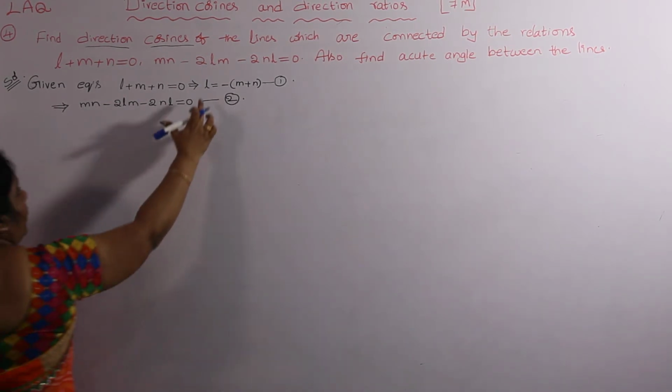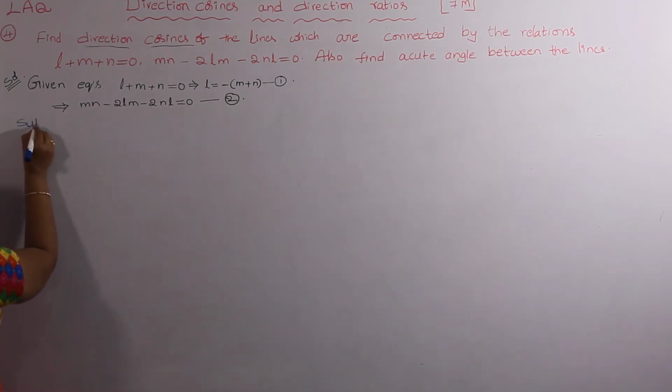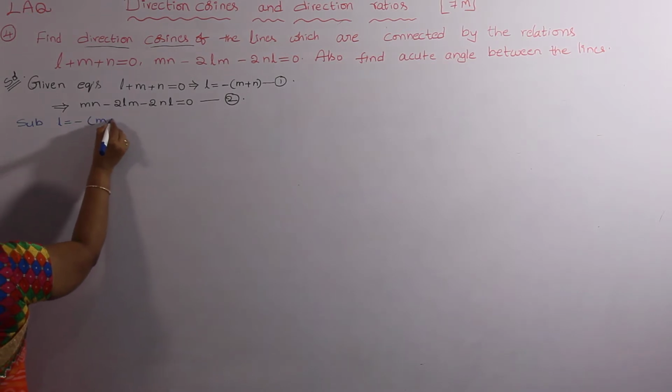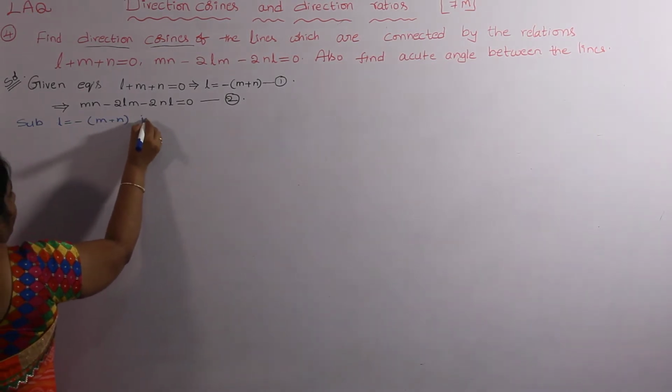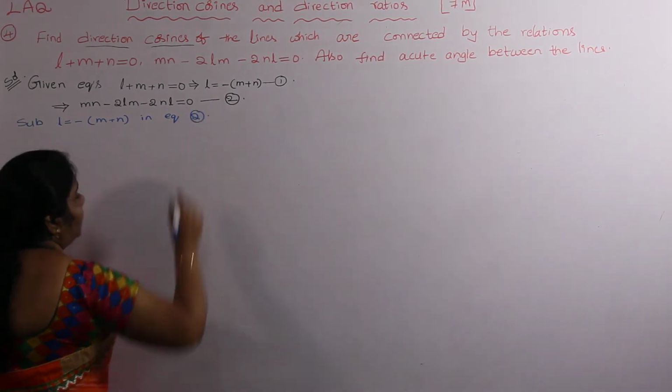Substitute the first equation in equation 2. Substitute l = -(m + n) in equation 2.